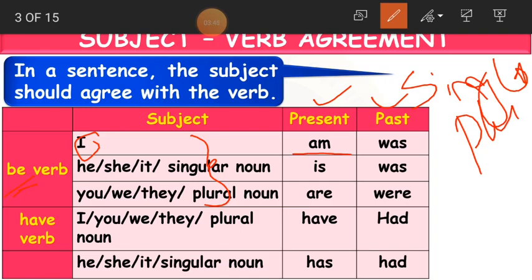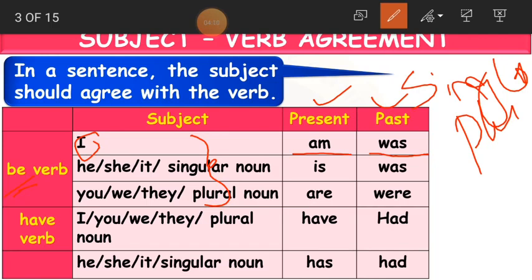If the sentence is in past tense, this am becomes was. Am is the verb, and the same verb becomes was in past tense.